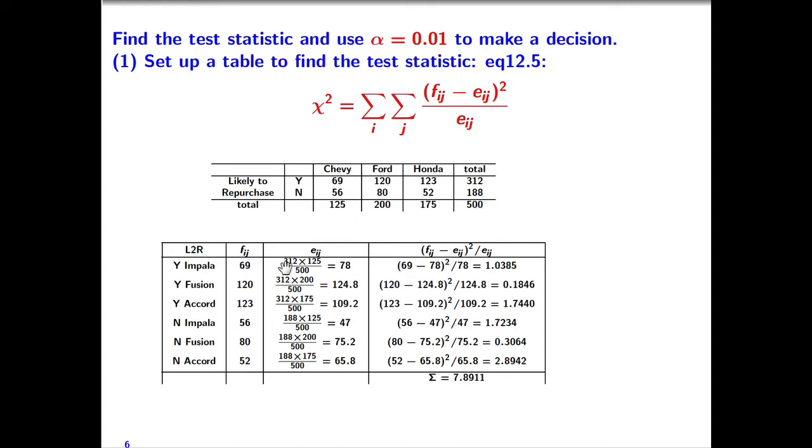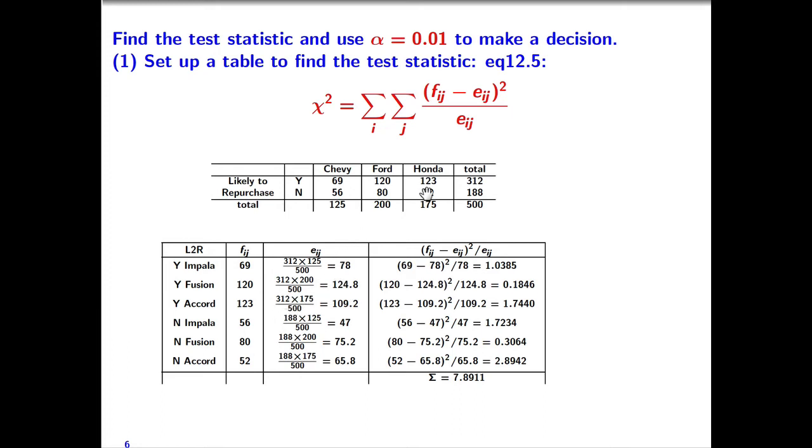So you have 312 times 125 over 500 to give you 78. And for 120, you have subtotal of 312, subtotal of 200, and grand total of 500. So you have 312 times 200 over 500 to give you 124.8.